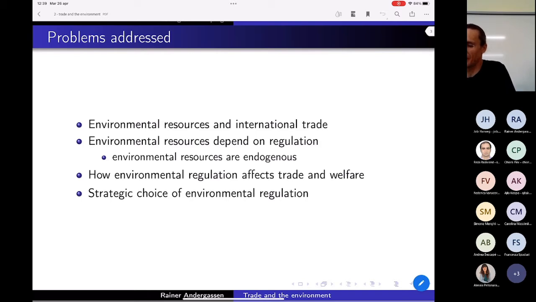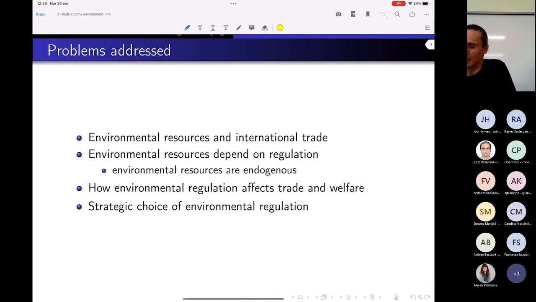So the problem is how to choose environmental policy, and what are the consequences in terms of trade and welfare. How to choose policy becomes very important, because you could choose policy in a strategic way.